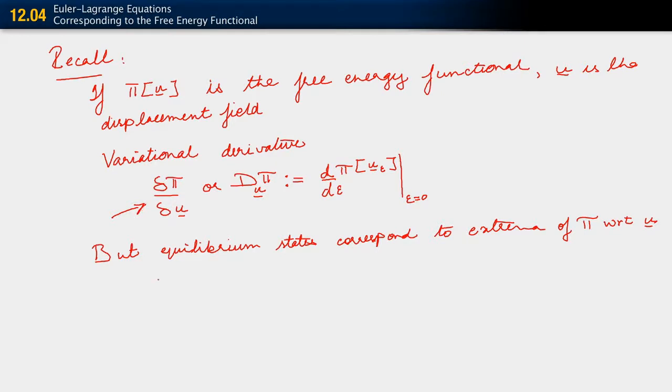Okay? So what this says is that at equilibrium, we have this variational derivative equals 0. Okay? All right. So that is the requirement we have at equilibrium.